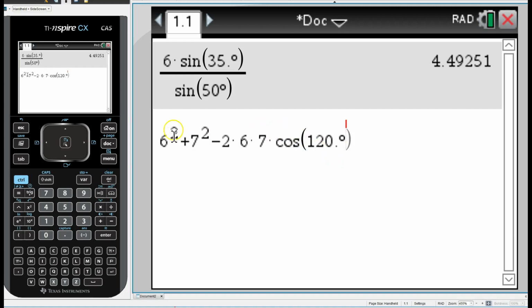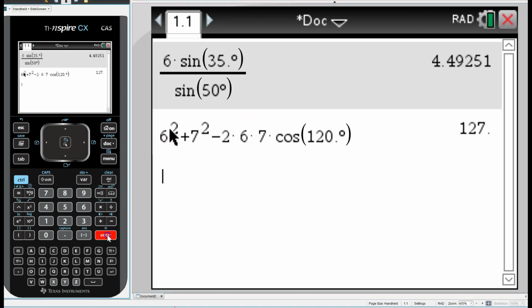Again, if you're doing this calculation in little steps, make sure you multiply all of these first before you subtract them from 6 squared plus 7 squared. We grip it and rip it, and we get an answer of 127.